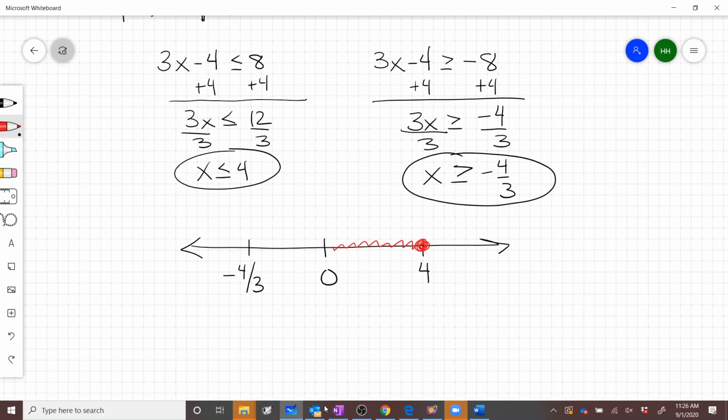On the negative 4/3, we're closed as well, and we're everything greater than or equal to negative 4/3. The variable's on the left, so we shade the direction of the inequality. So we shade to the right. And there's where your solutions lie to that absolute value inequality. Good?